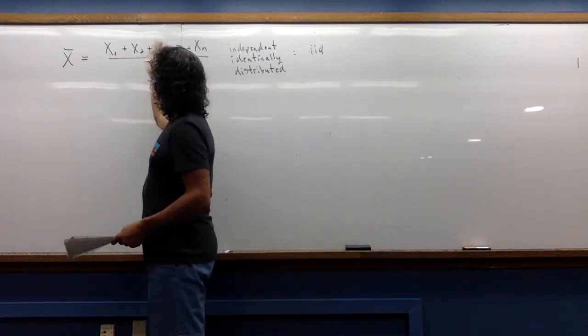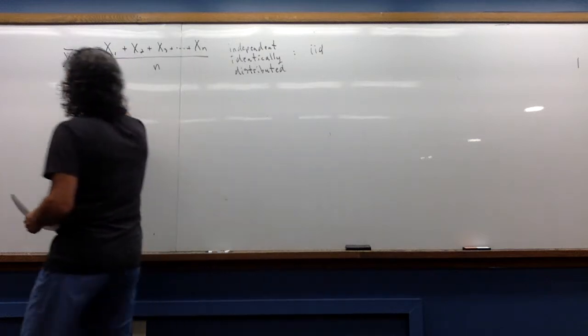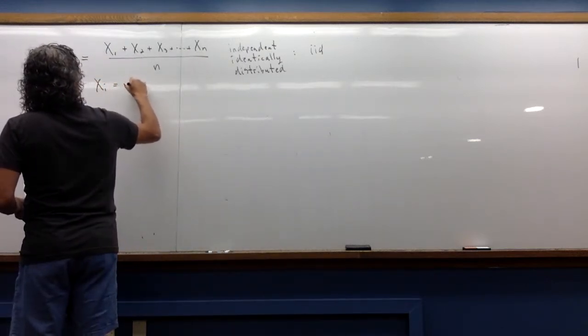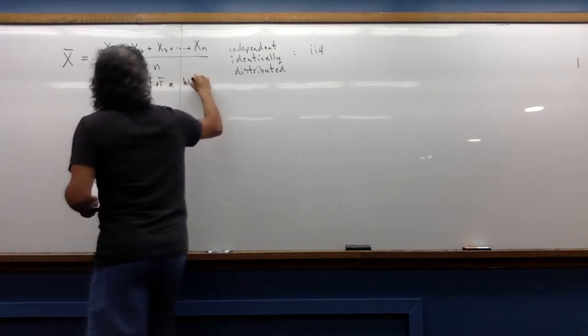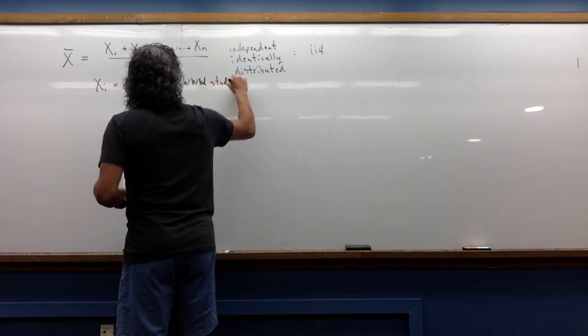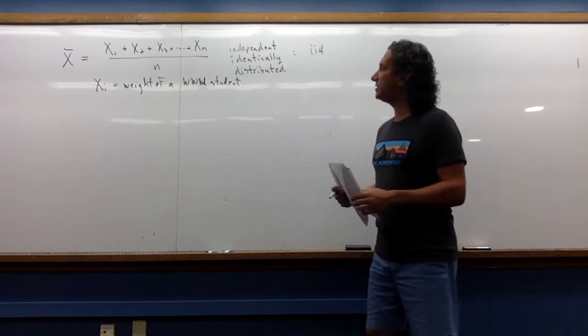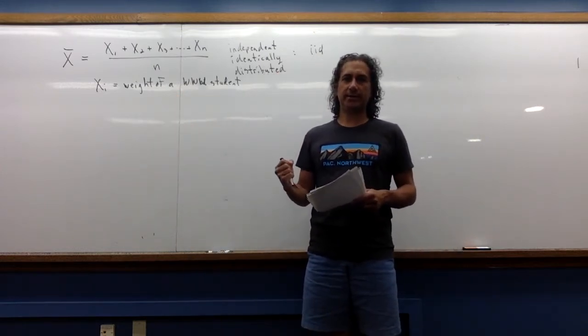So just to give this a little bit more teeth, imagine that each xi is the weight of a randomly picked WWU student. So this new distribution x bar, what it's doing is it's randomly picking a Western student.